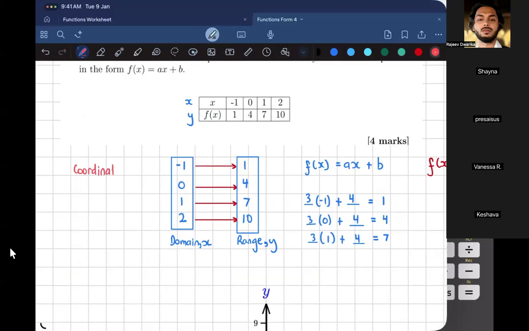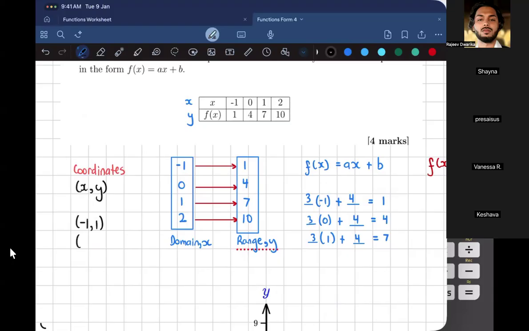And coordinates, right? They are given by an x value and a y value, right? So tell me the first coordinate. What's the first coordinate? -1, comma 1. Right?